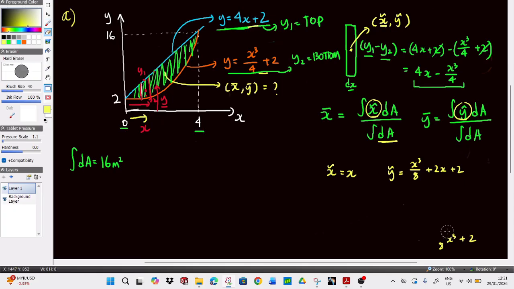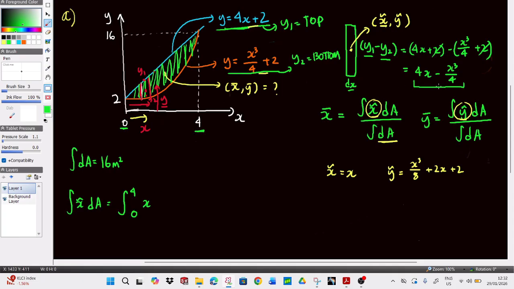So our next step is to find the integral. This integral we're going to find first is simply x tilde dA. Don't forget your limits here, 0 and 4. So we put our limits 0 and 4, x times dA.